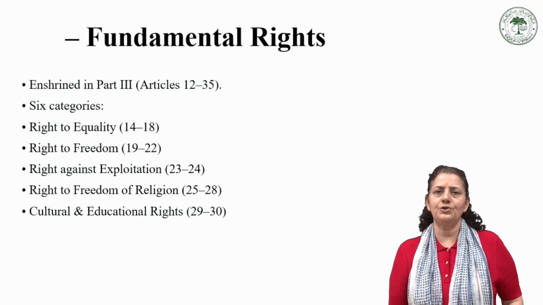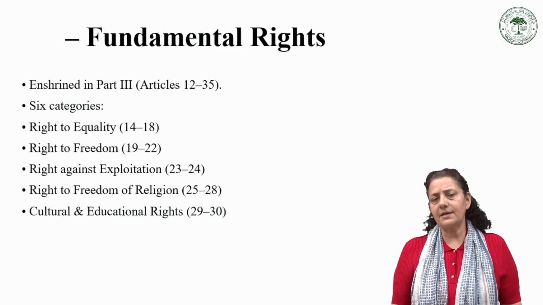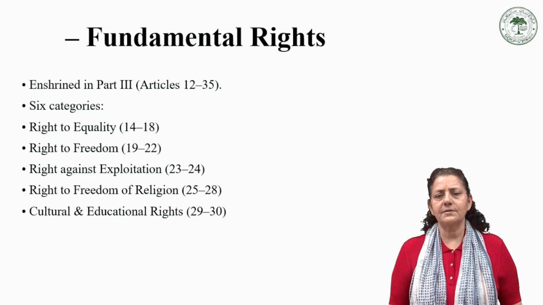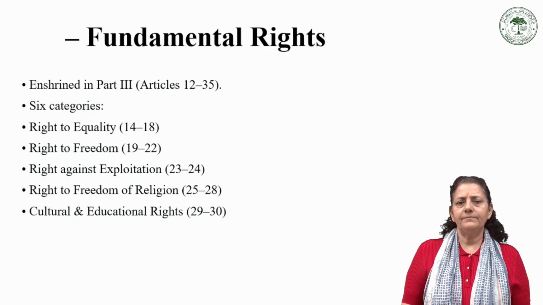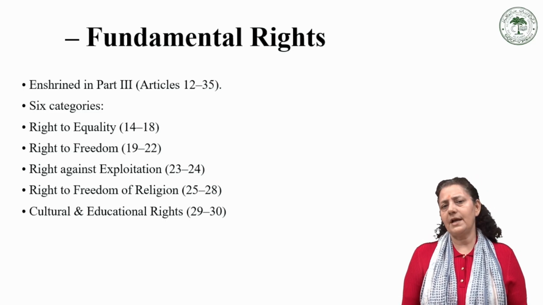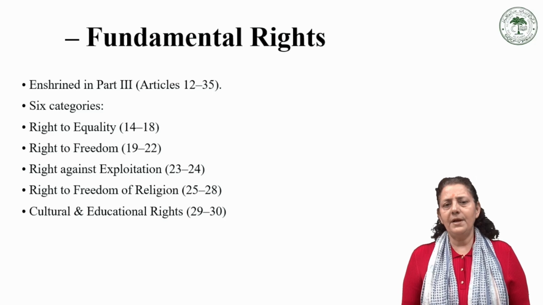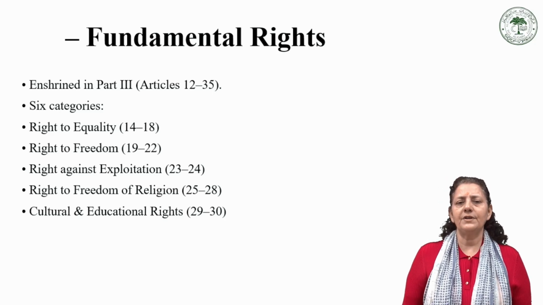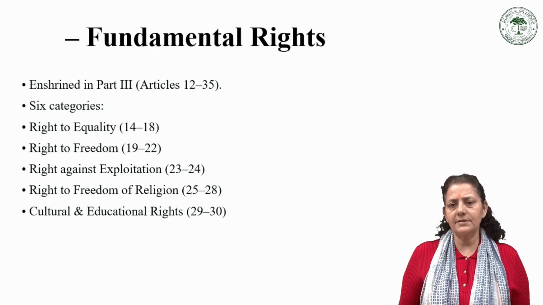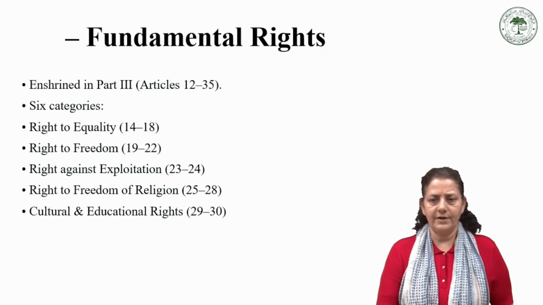Part 3 of the Constitution, that runs from Article 12 to 35, guarantees six categories of fundamental rights to citizens. These include right to equality, right to freedom, the right against exploitation, the right to freedom of religion, cultural and educational rights, and the right to constitutional remedies. Dr. Ambedkar described Article 32 as the heart and soul of the Constitution, empowering citizens to approach the Supreme Court for protection of their rights.